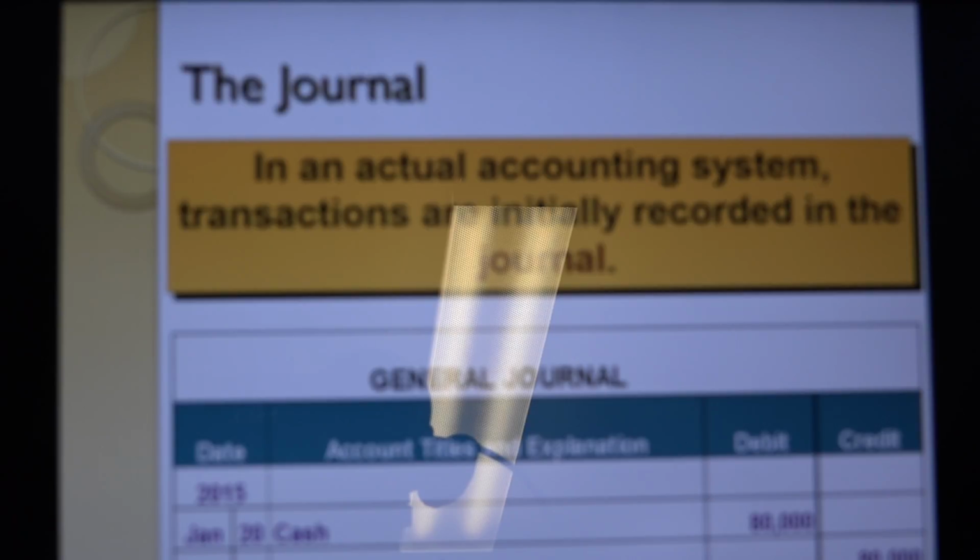On the equation, you're going to first journalize that transaction, and most day-to-day transactions are journalized in the general journal. It's only after you journalize that you post to the various accounts affected in your ledger accounts.